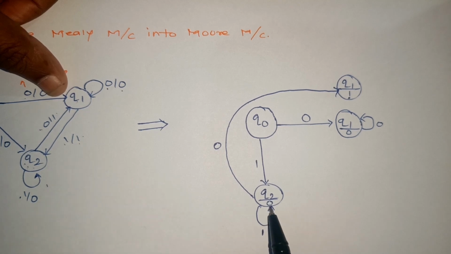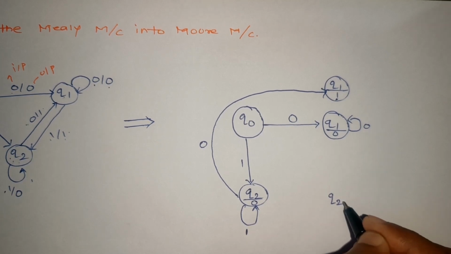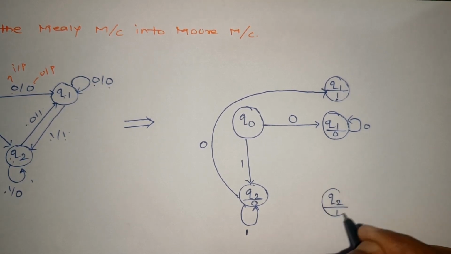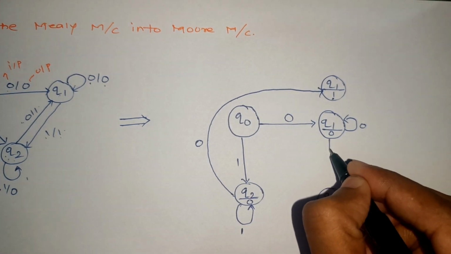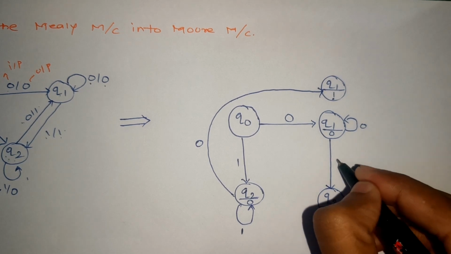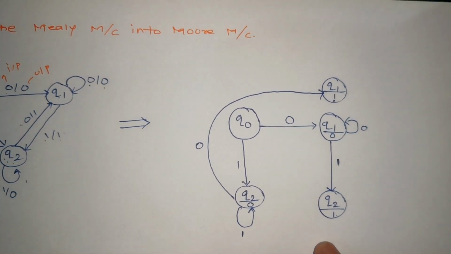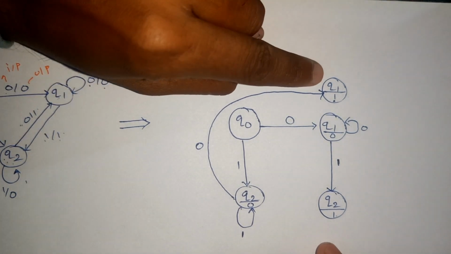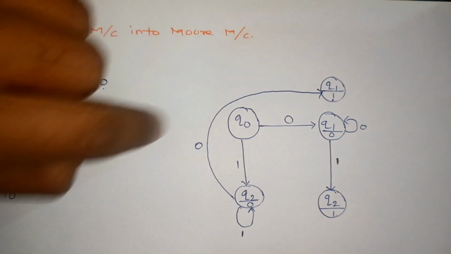In this case we have output as 0. So again हमें एक न्यू नोड ऐड करना पड़ेगा as Q2 whose output is 1. So Q1's new next state is Q2 with input 1 and output is 1. So we got two new states: एक तो Q1 with output 1 है और दूसरा है Q2 with output 1.